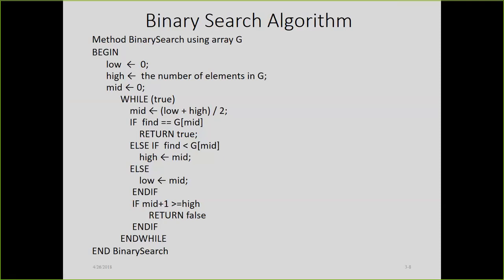Then we can find the mid index: low plus high divided by 2, as an integer index. Then we can find the element at that index of the array.